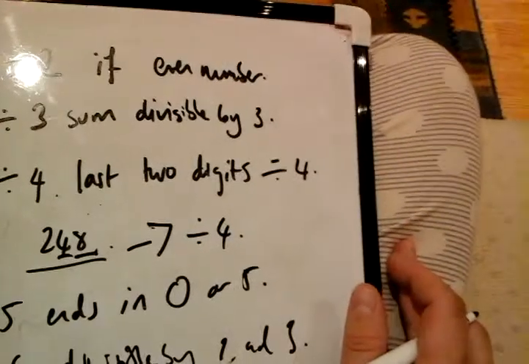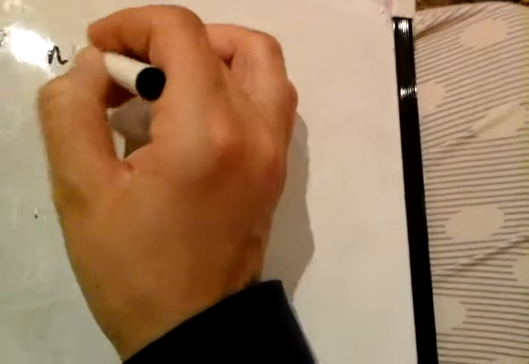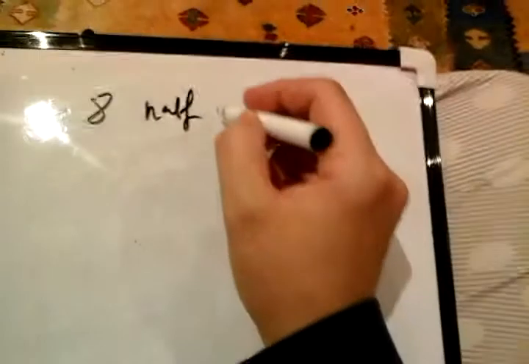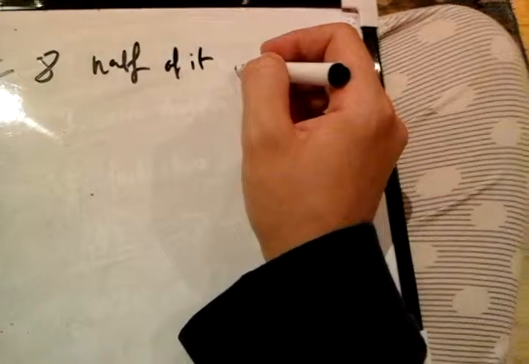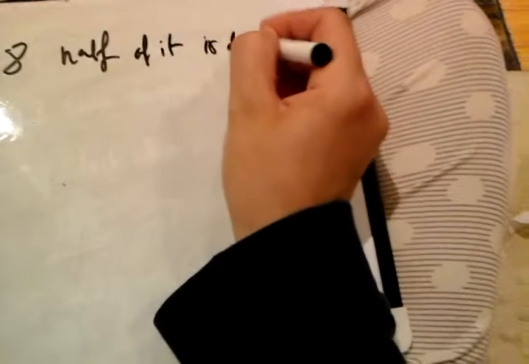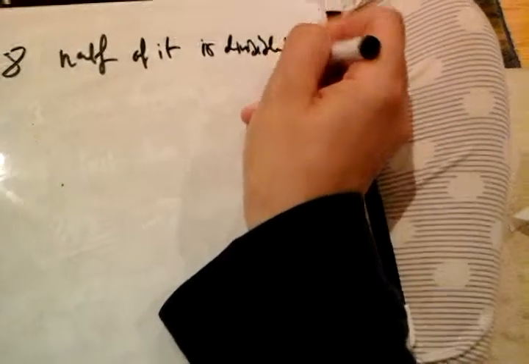You've got more here. And the next one is divisible by 8 if half of it's divisible by 4. So let's write this down. The next one you have is divisible by 8 if half of it is divisible by 4.